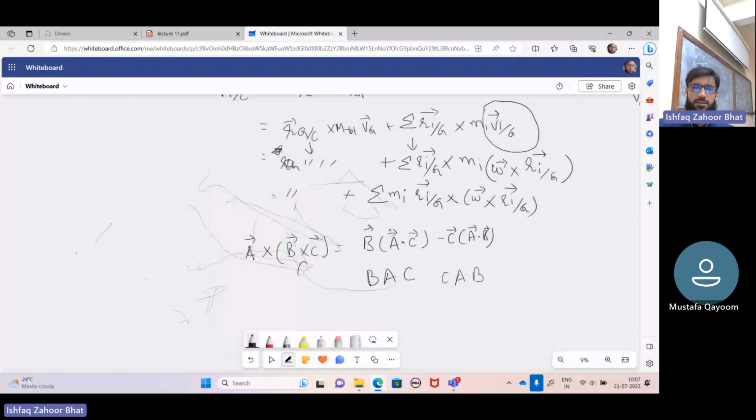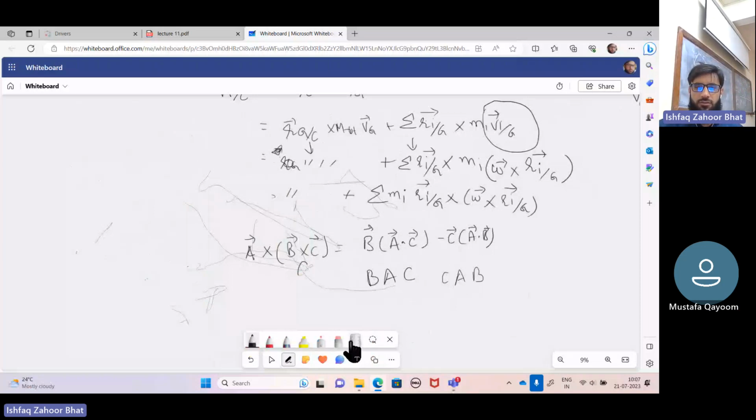No, this is B times A dot C. This is a scalar, and you are multiplying some vector with a scalar. Yes, this is a scalar multiplication. That is why I am saying that the vector here is only B, the vector here is only C, and you are taking the dot product of A and C. You will get some scalar. You multiply it with this vector so that it changes its magnitude. So back cap, you have to remember this formula.